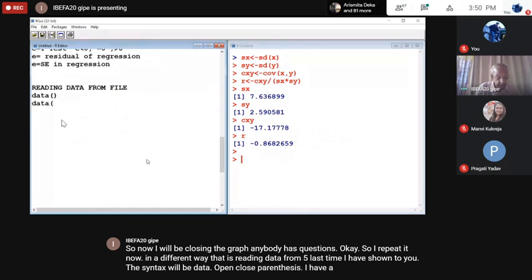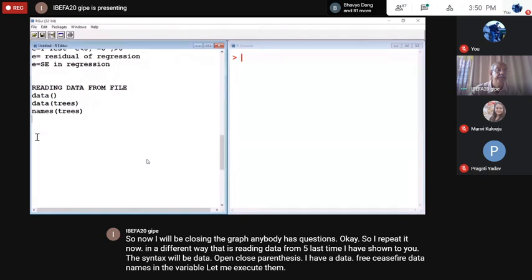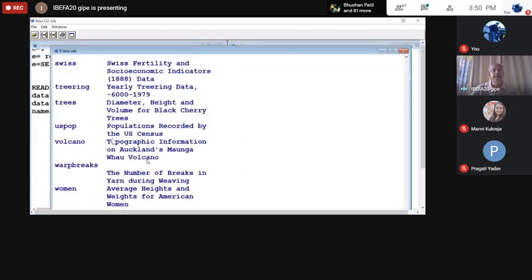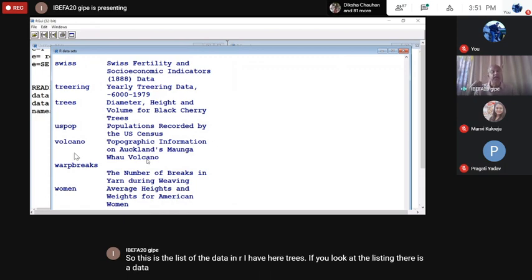I have a data, trees is my data, names in the variable. Let me execute them. So this is the list of the data in R. If you look at the listing, there is a data file called trees. So I am choosing that.